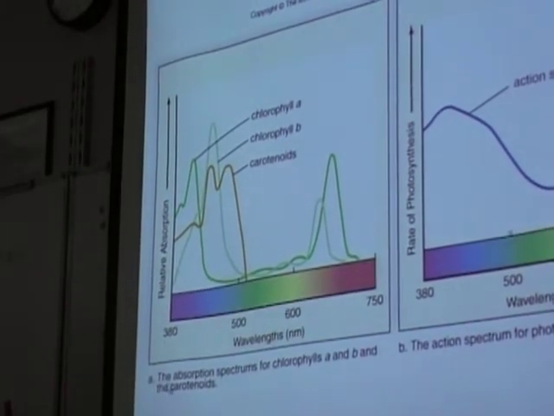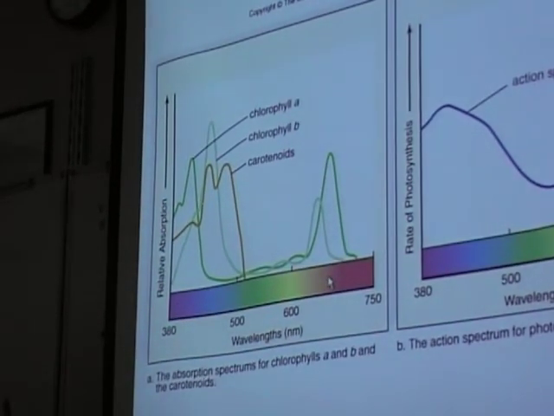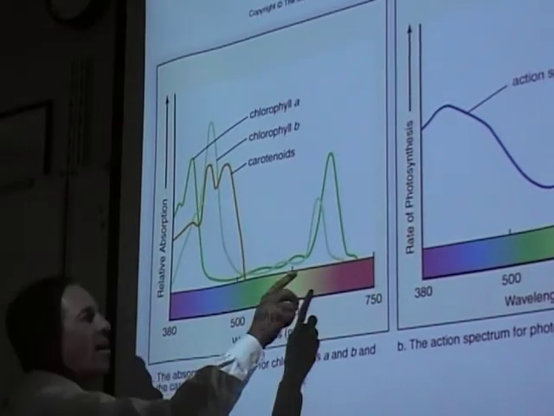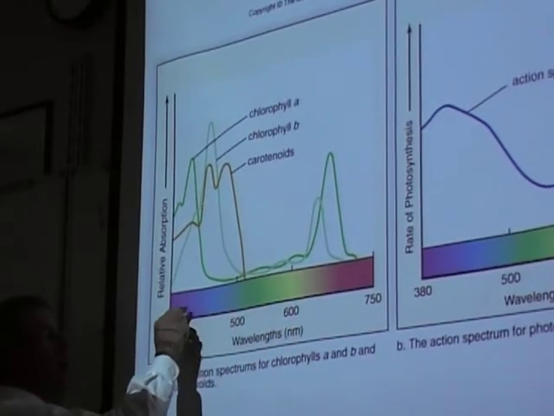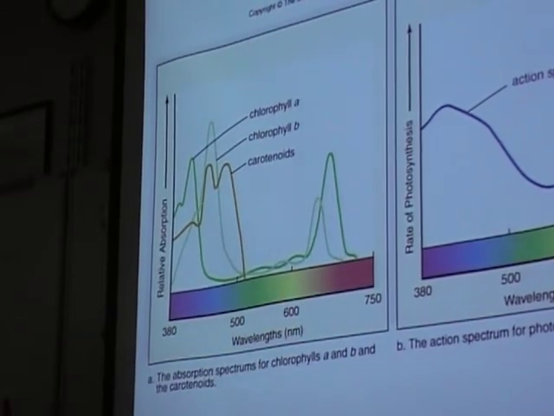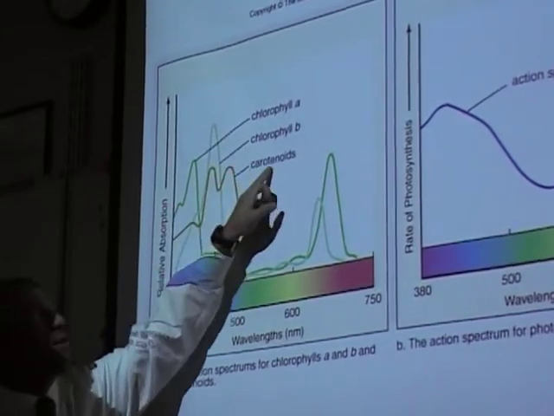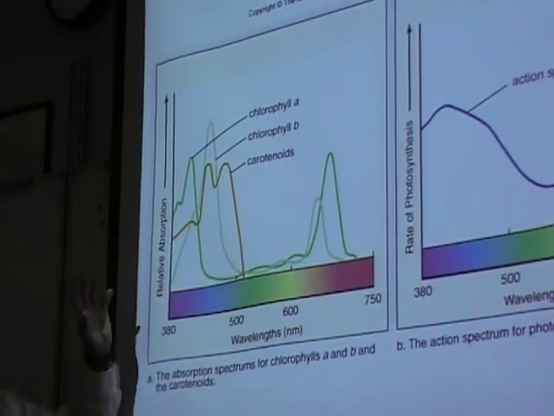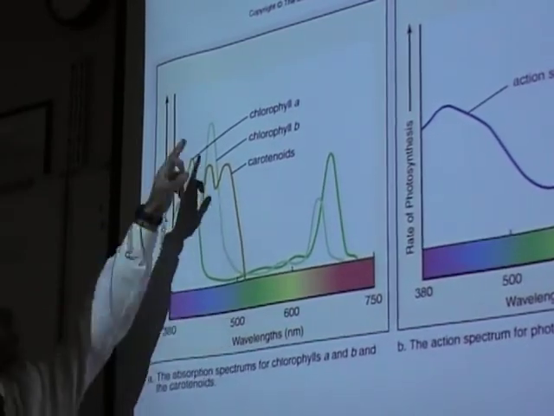And this shows the spectrum of light. Now, you should have learned about this in physical science. Red, orange, yellow, green, blue, indigo, violet. Those are all the colors of the spectrum. White light has all those colors. But this graph shows that chlorophyll and the carotenoids absorb blue light really well.